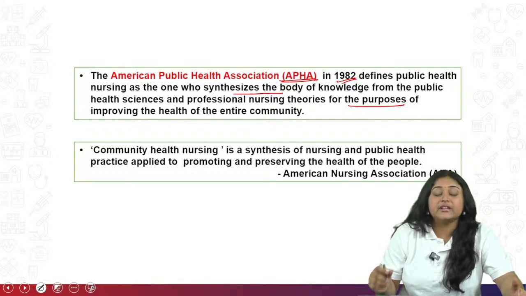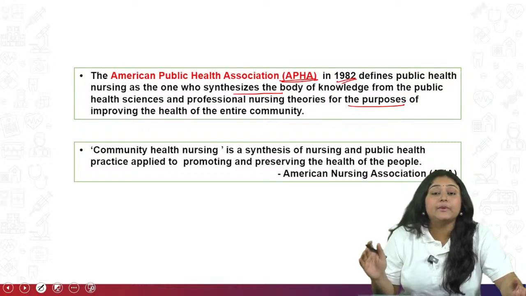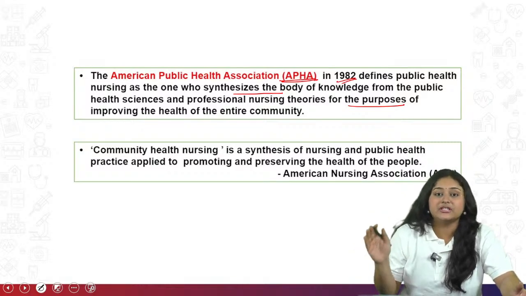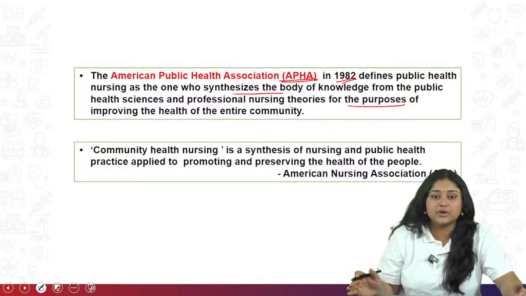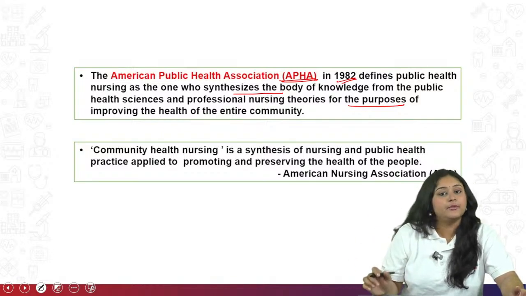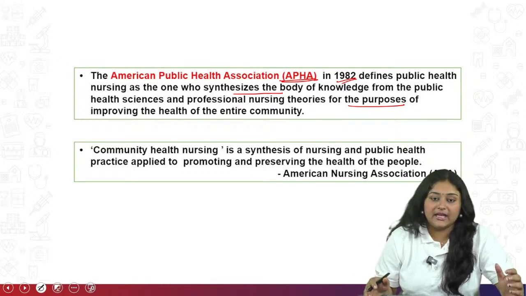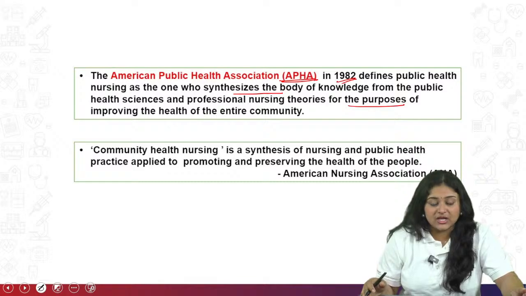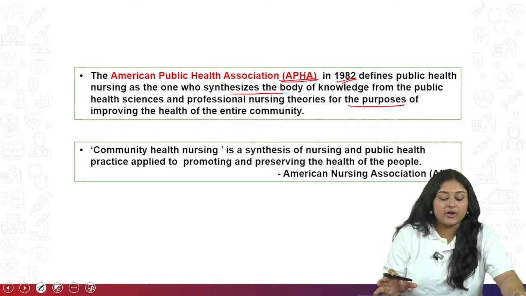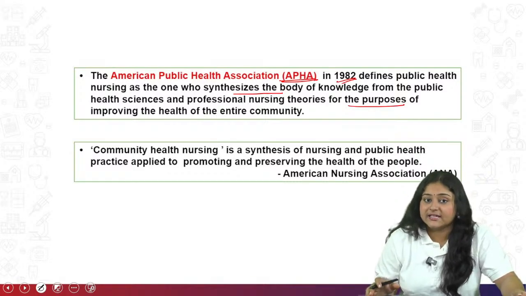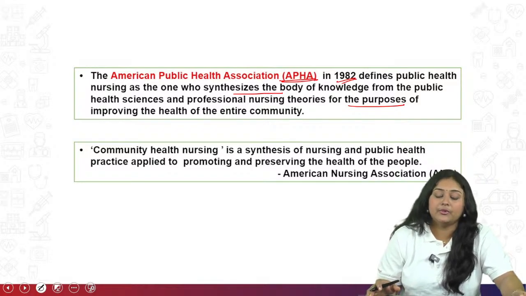So it does not focus only on any particular individual. It focuses on each and every community member, as well as individuals in each and every community sector or geographical area. That is called public health nursing based on the APHA. Their main focus is improving the health status and well-being status of the community people.